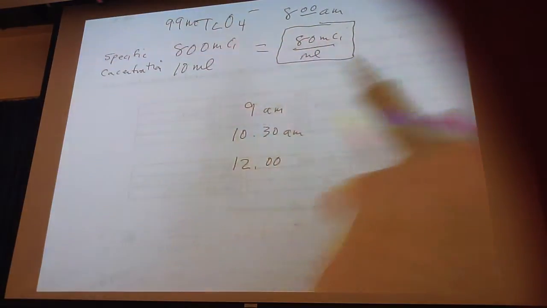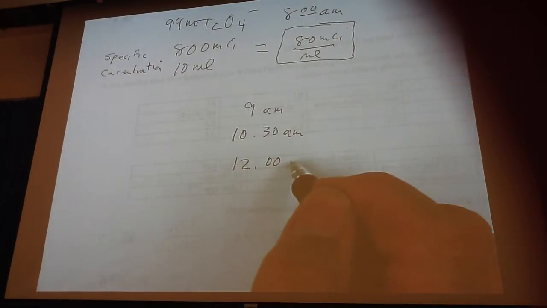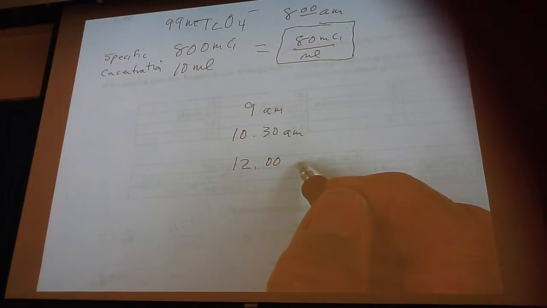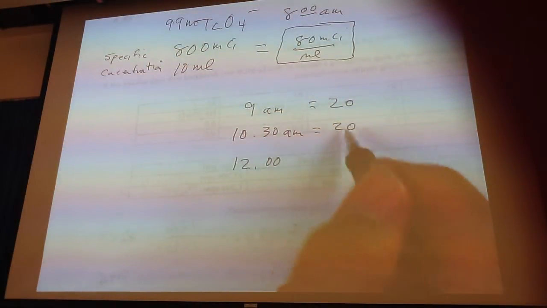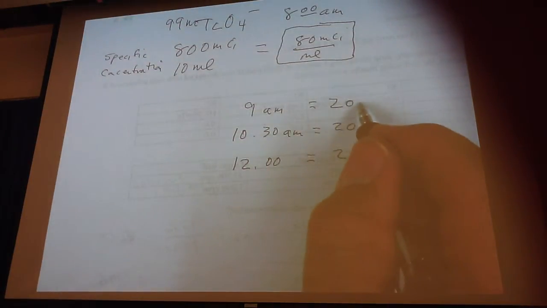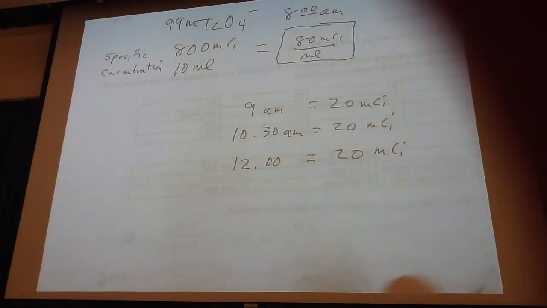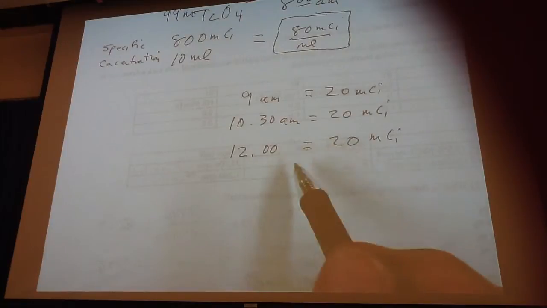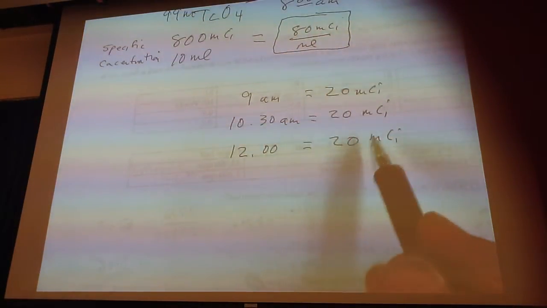But you want to make sure you have enough activity so that this person coming at 12 noon will have 20 millicuries. So you want to give 20 millicuries here, 20 millicuries here, and 20 millicuries here. So the question would be, how much activity do you have to make in your kit at 8 o'clock in the morning to ensure that everybody here gets the dose that they need?